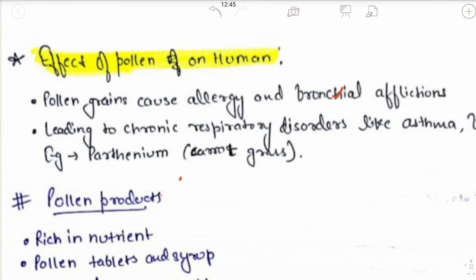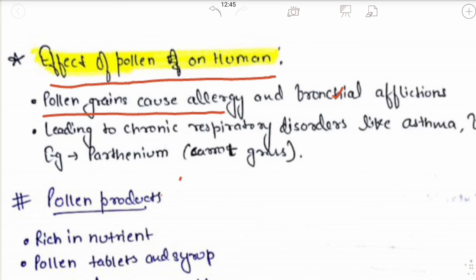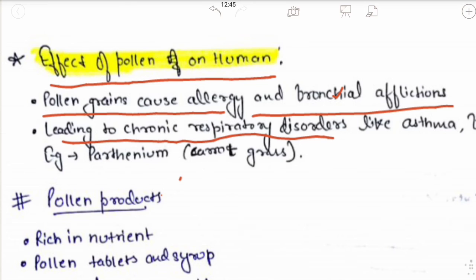Let us learn the effects of pollen on humans. Pollen grains cause allergy and bronchial afflictions. These pollen grains cause some types of allergies in human beings, and this can lead to chronic respiratory disorders like asthma and bronchitis.